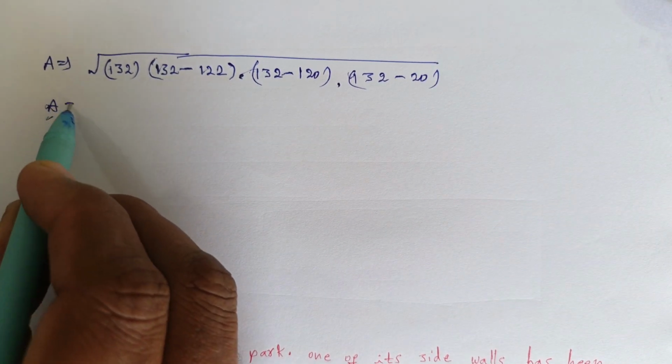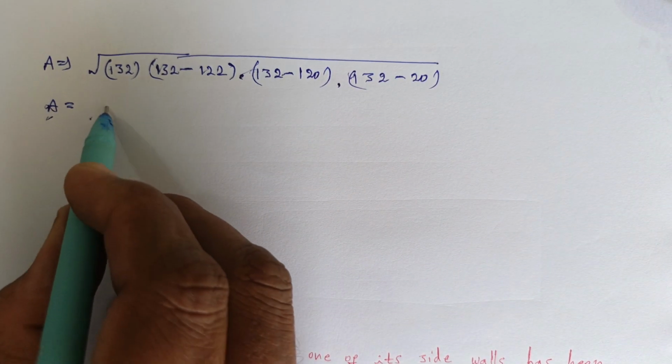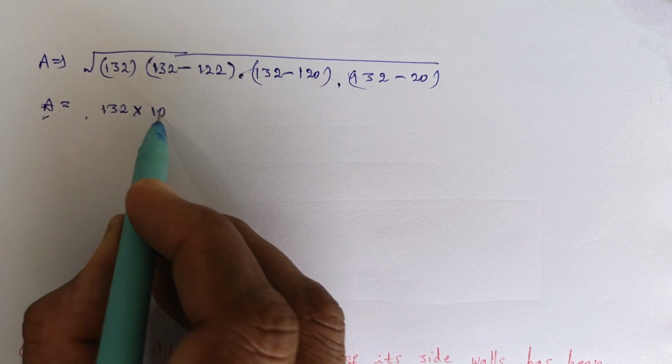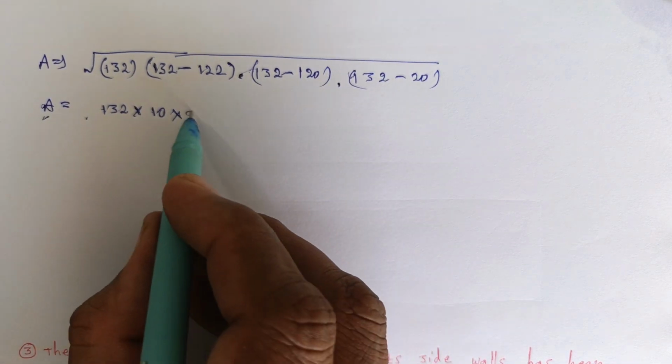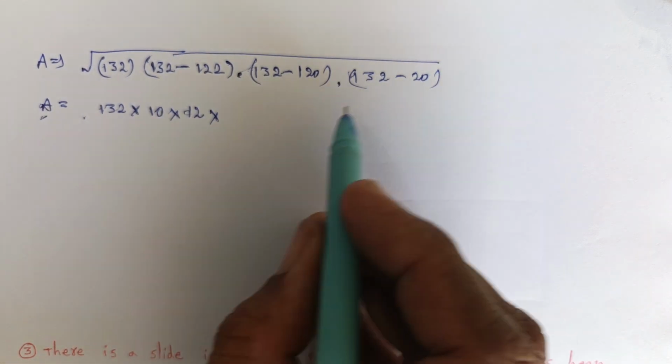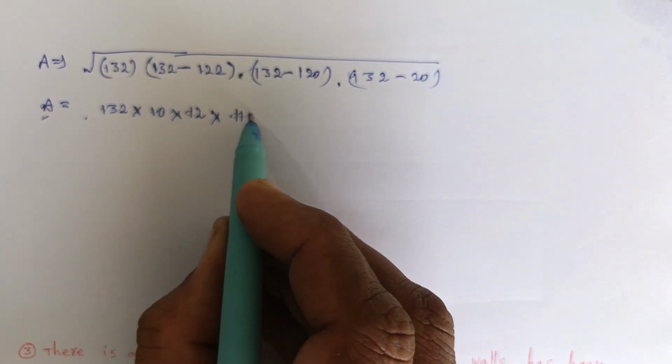So that is A equal to under root of 132 into, so here 10 into, here difference is 12 into, here difference is 110.